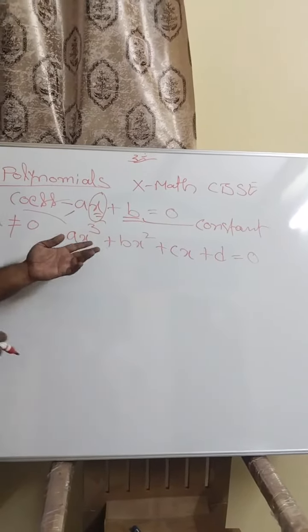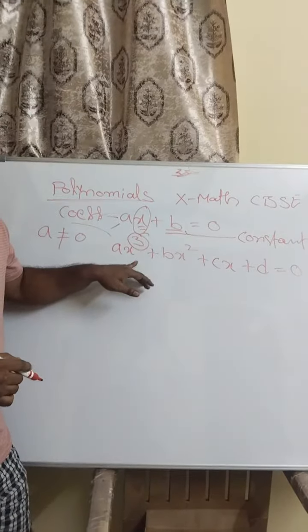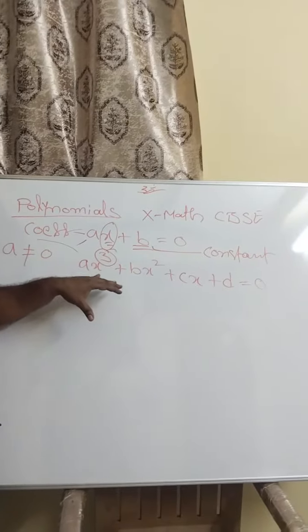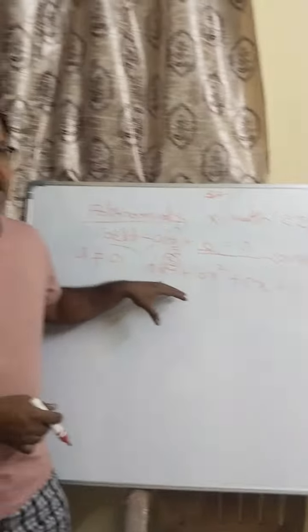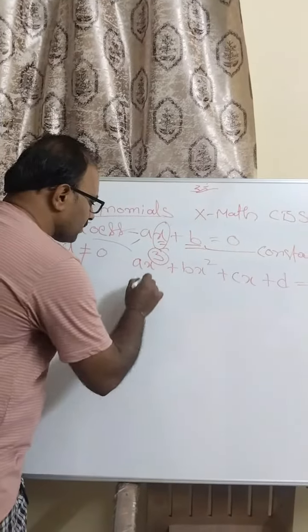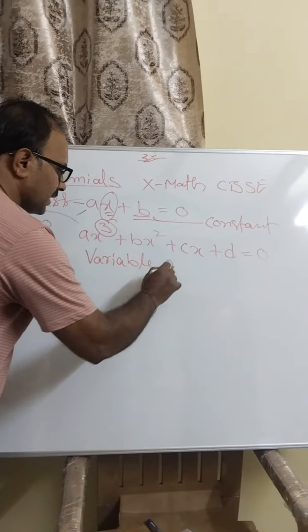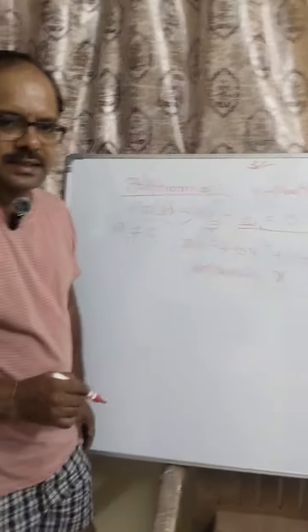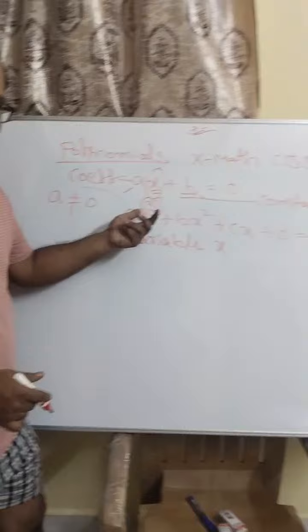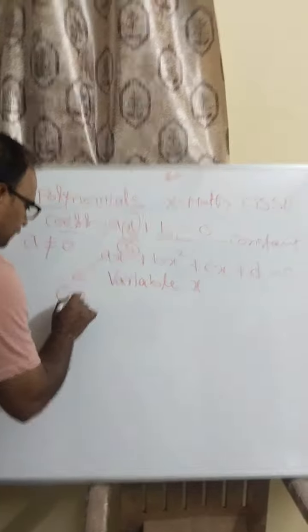The order of the polynomial is 3. How can we say that it is a polynomial of order 3? Because of the highest power of the variable. What is the variable here? The variable is x, and its coefficient. What is the coefficient of x cube? It is a.